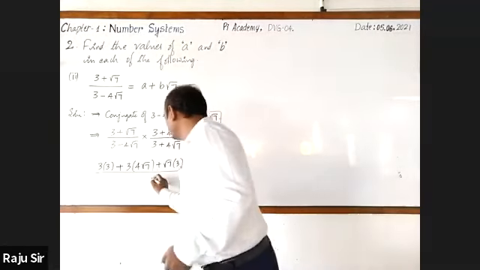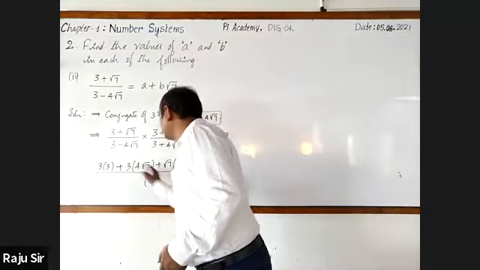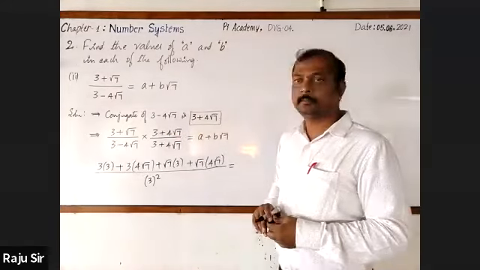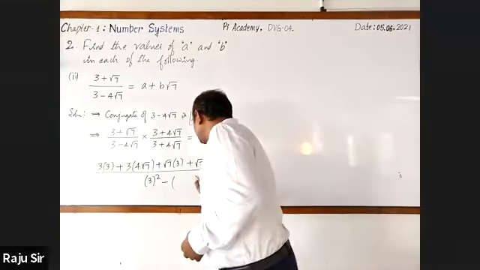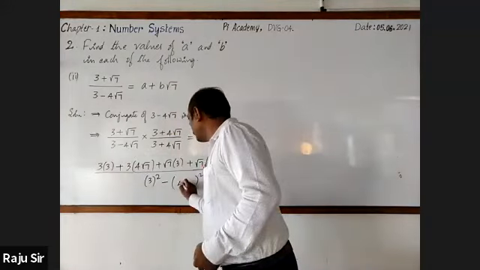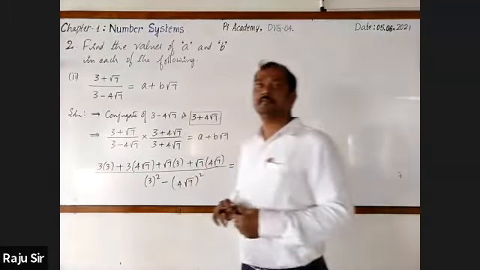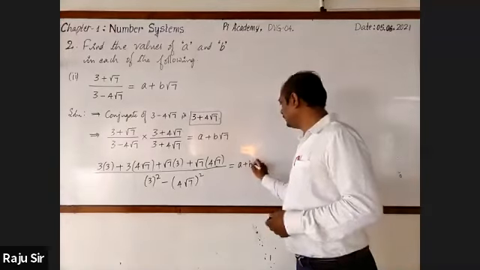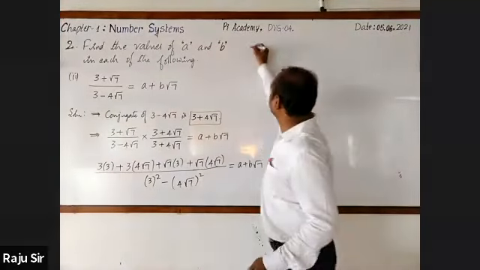So we can write a square, that is 3 whole square, minus b square, where b is 4 into root 7.